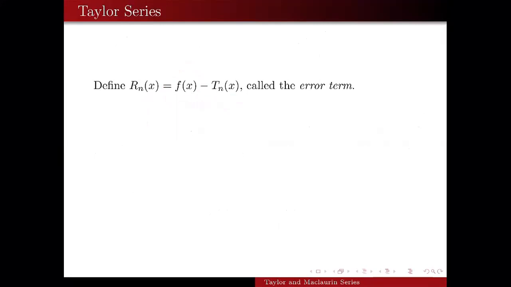The equality of your function with the Taylor series expansion will be true if this error function goes to 0. So notice, the limit of T n as n approaches infinity will be the limit of f of x minus R sub n of x as n approaches infinity.